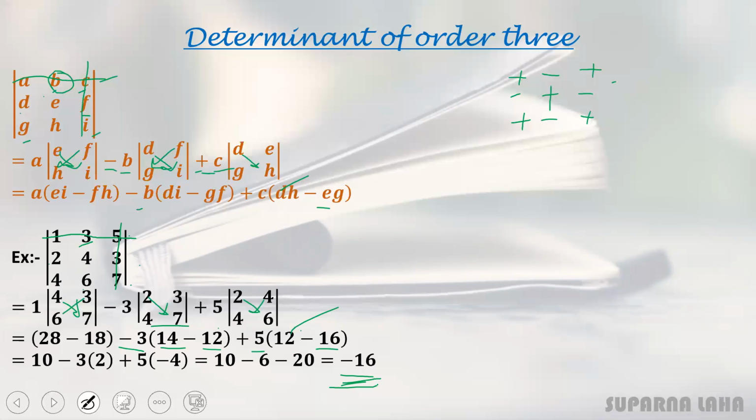So let's take a 3 by 3, or order 3, determinant and expand it according to the first column. Here I'm taking the same matrix A, B, C, D, E, F, G, H, I. First column means firstly remove the first column and then the first row and write down the elements.